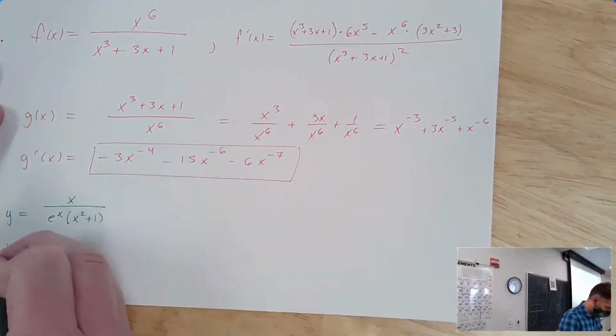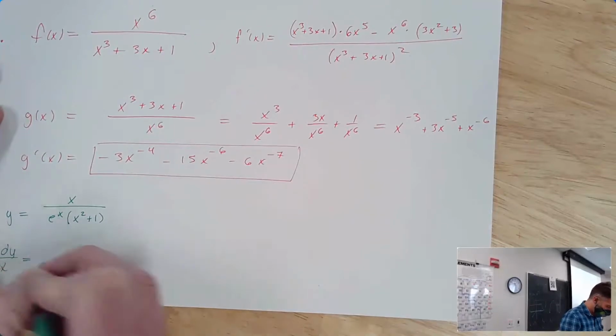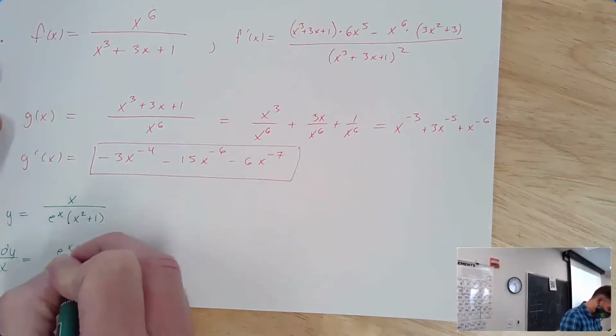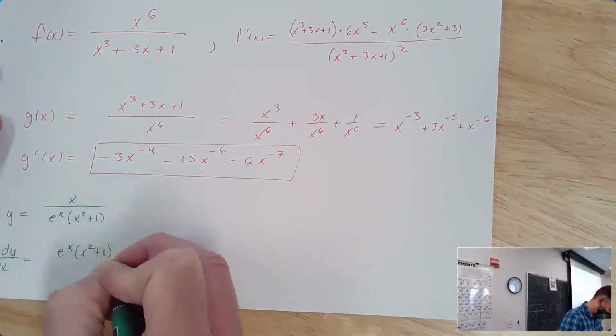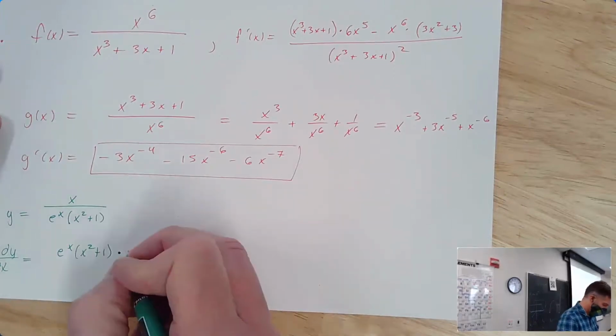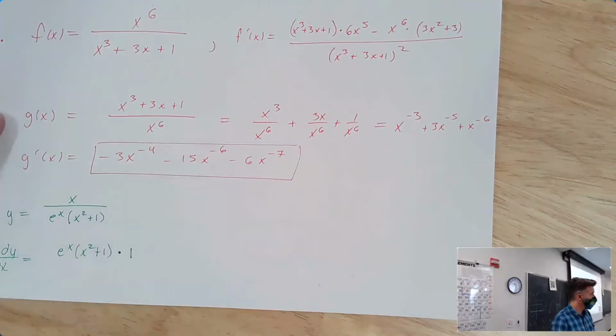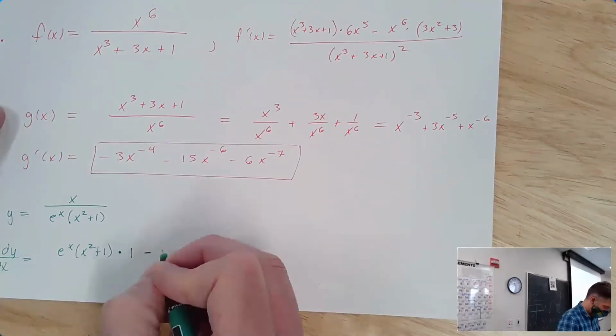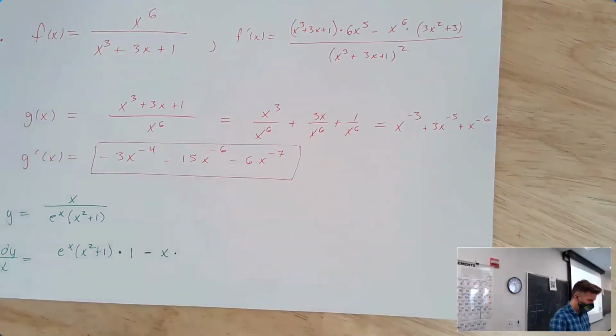So if I want to find the derivative, it's going to be the bottom, so e to the x times x squared plus 1 times the derivative of the top. What's the derivative of x? 1. Minus the top times the derivative of the bottom. For the derivative of the bottom, I'm going to have to use the product rule because it's e to the x times a thing.